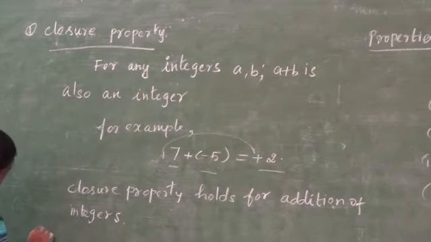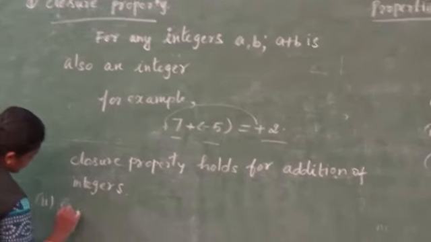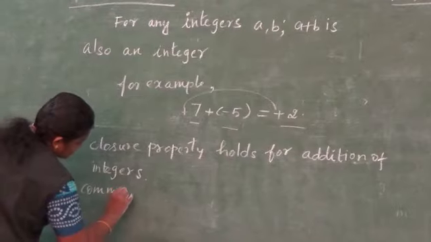Come to the second property, that is commutative property.